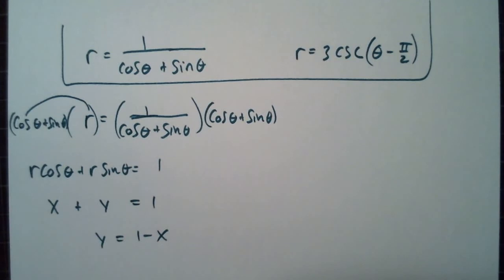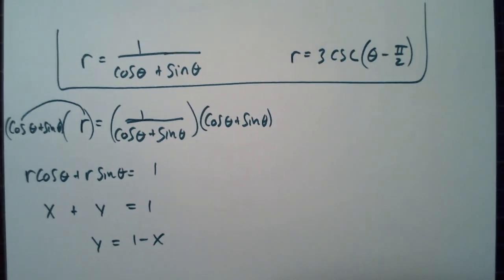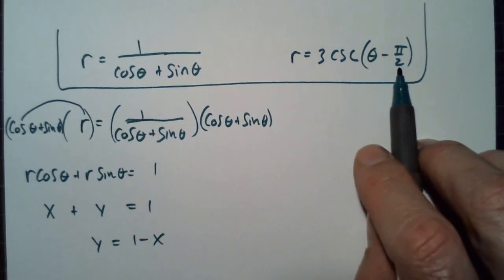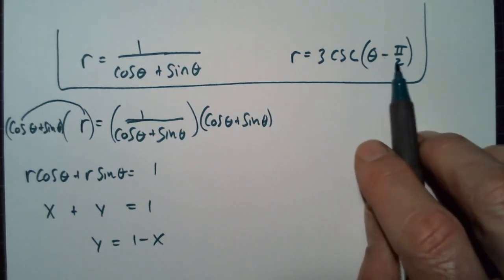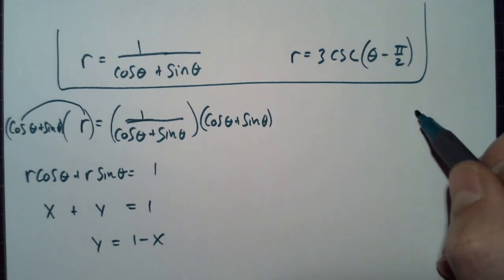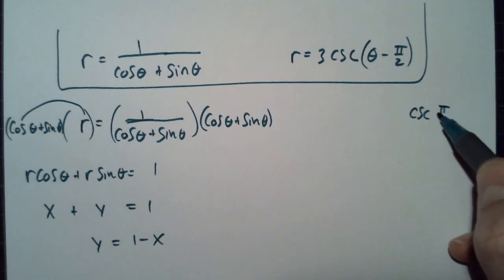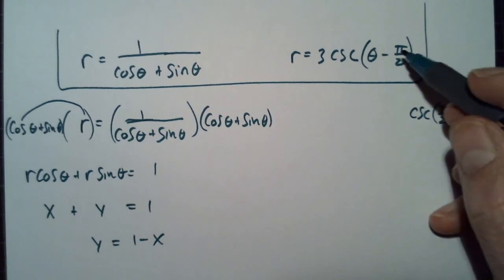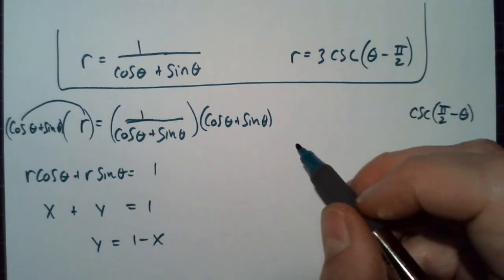All right. And I think I'll get you started on the next one, then you can finish it. And when you have pi over 2, you want to think of the cofunction identities. So we're looking for cosecant of pi over 2 minus theta. We don't have that yet, so we need to rearrange that.